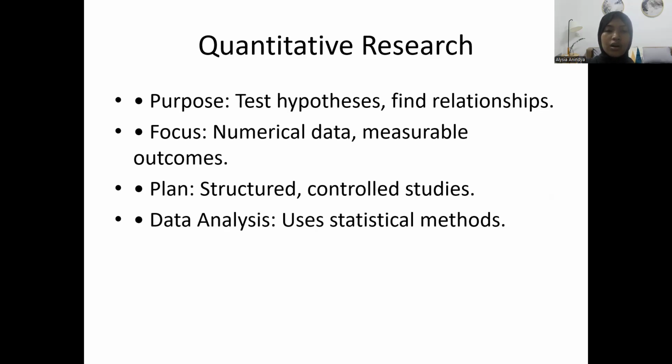The focus is numerical data and measurable outcomes. The plan is structured and controlled studies. And for the data analysis, it uses math and statistical formulas to interpret the results.